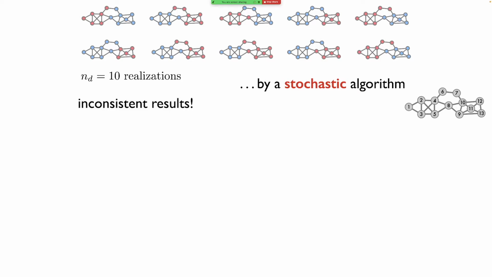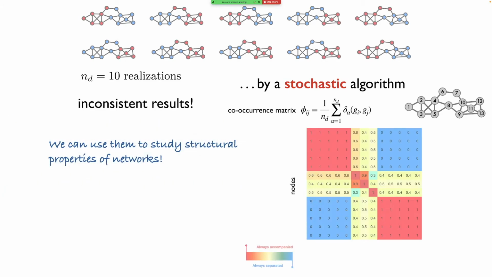Is this necessarily a bad thing that should be fixed? Well, in fact, we turn the tables by using this inconsistency to study some kind of structural property of the network. First, we can construct the so-called co-occurrence matrix for each node pair, whose element indicates the fraction of the ensemble of community structures found in which the node pair belongs to the same community.